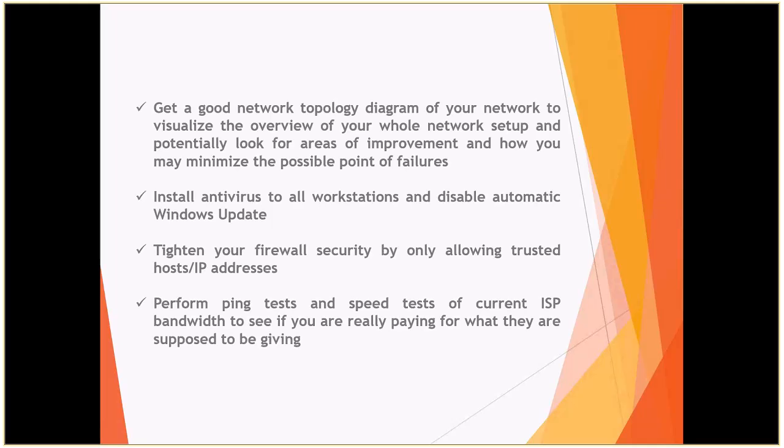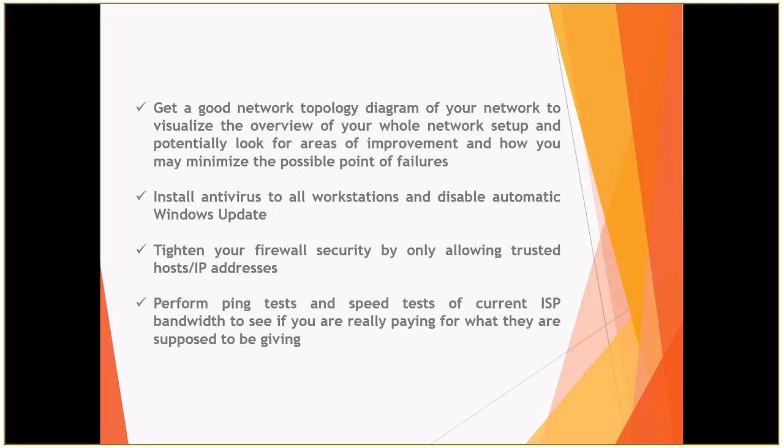So say, for example, you have a contract with your ISP to only get 5 meg download and 5 meg upload. You need to perform speed tests to see if you're really getting 5 meg. Because if you're not, then they're not giving you what you're paying for.